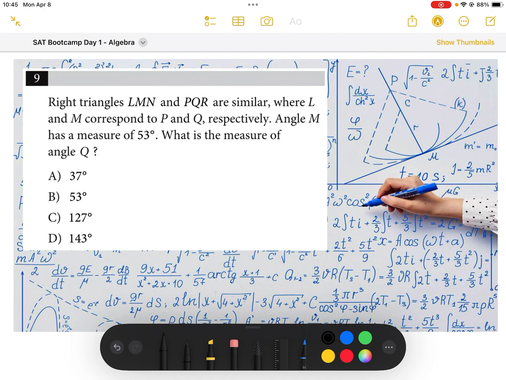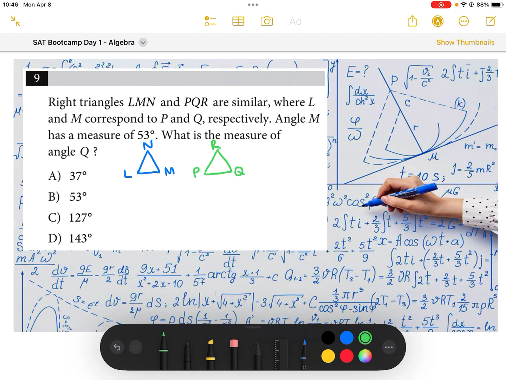So for this one, since we're talking about triangles, I like to draw them. So we have L, M, N, and then our second triangle is PQR, where L and M correspond to P and Q. So P goes with L, Q goes with M, and R will go with N. Okay, so they're similar triangles, and I know it said right triangles, but you get the idea.